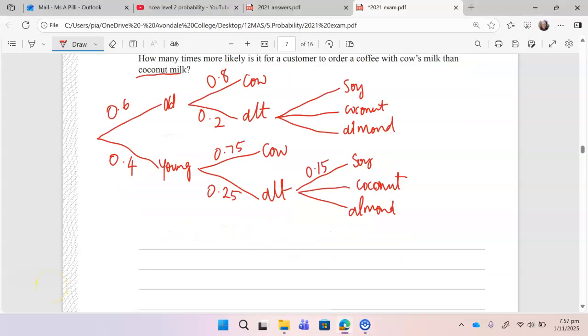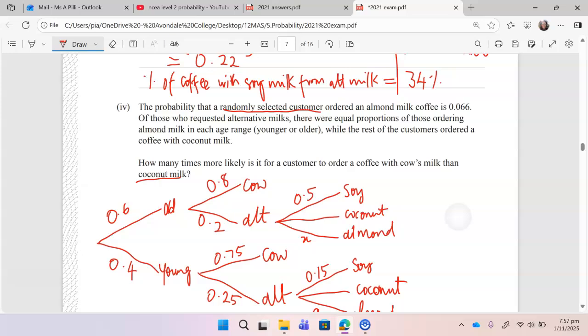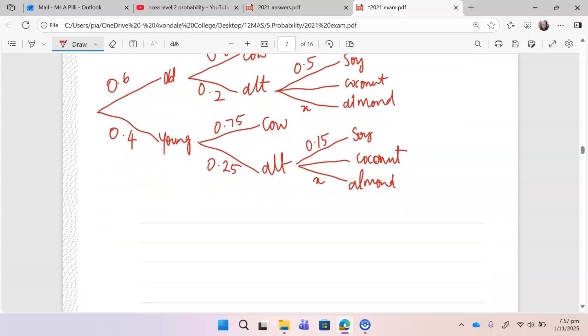So that's 0.15 stays the same, 0.5 also stays the same. What we don't know is almond. And if we figure out almond, then we can figure out coconut because all those three probabilities must add to 1. So we know that the probability that a random customer orders an almond coffee is 0.066.